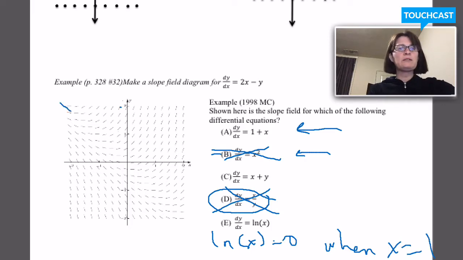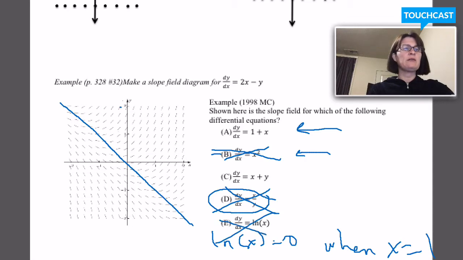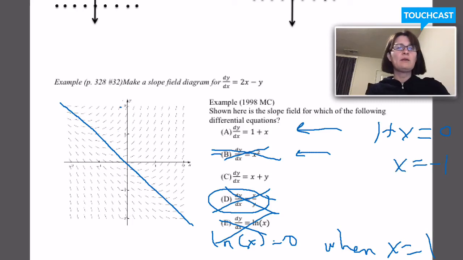But x equals 1 doesn't describe this sort of trail that we have down here, so I can rule this out. dy/dx equals 1 plus x should have a slope of 0 whenever x equals negative 1. Well, that means here at x equals negative 1, I would expect to have horizontal slope segments. And that's not what's happening.